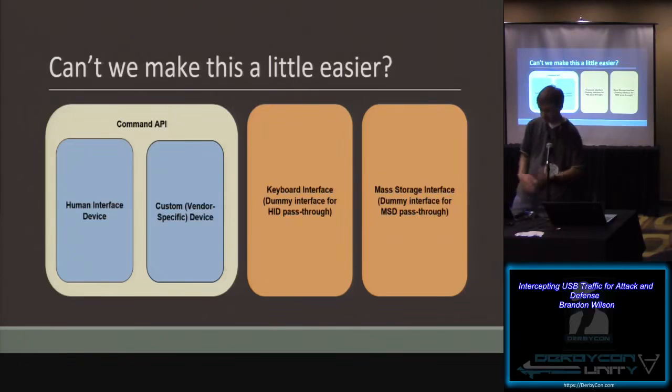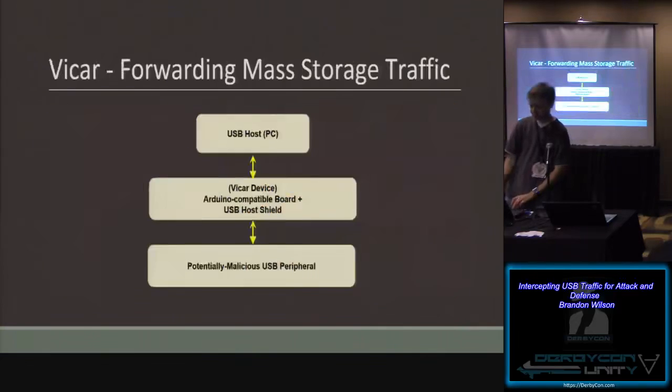It's just a couple of dummy interfaces that the PC will install drivers for as soon as you plug in the Vicar device for the first time. Now these don't actually do anything until you tell Vicar to start forwarding traffic between the attached peripheral and the host OS. So the keyboard interface doesn't send any key presses, and the mass storage interface claims no media is inserted. But once you do send the command to start forwarding data, then the PC will suddenly begin receiving the real mass storage responses from the peripheral.